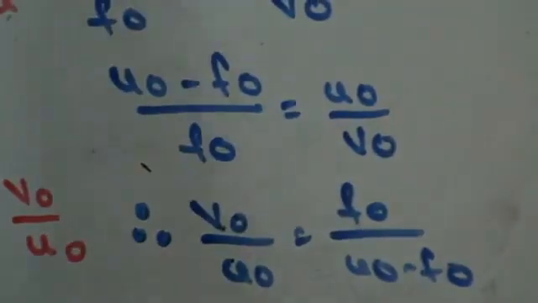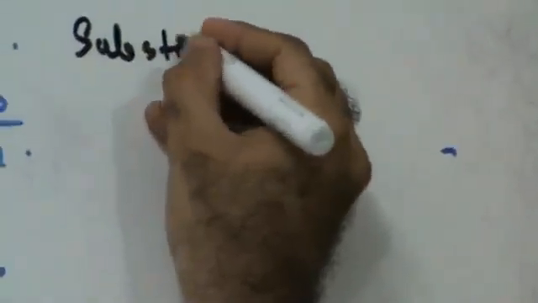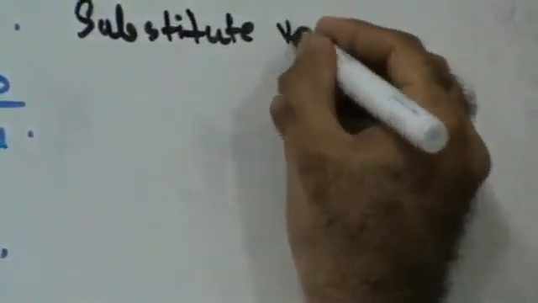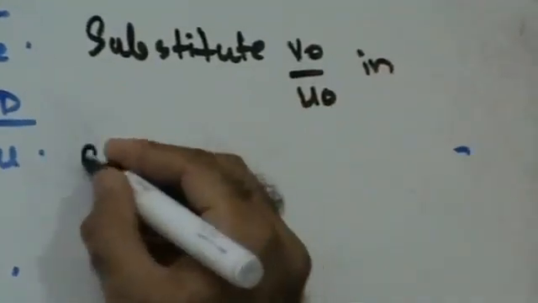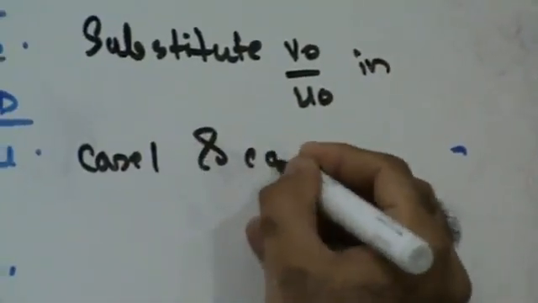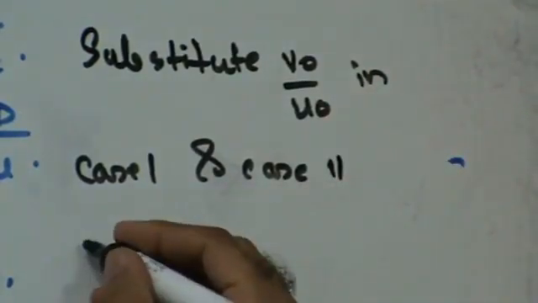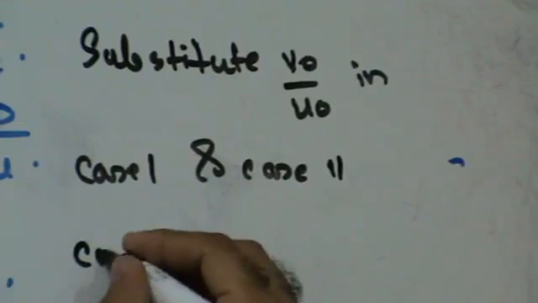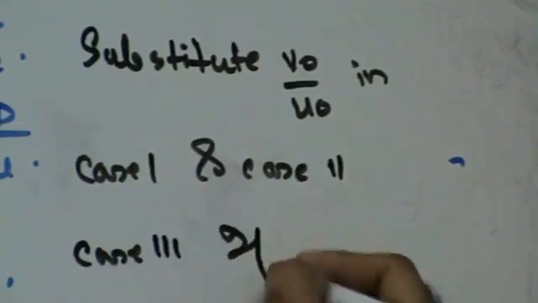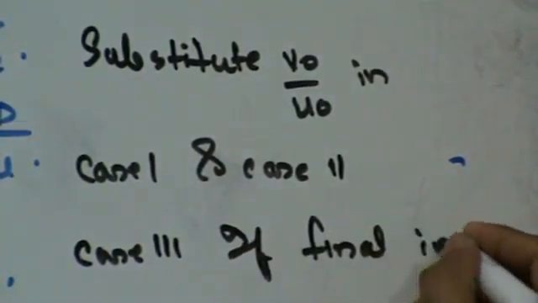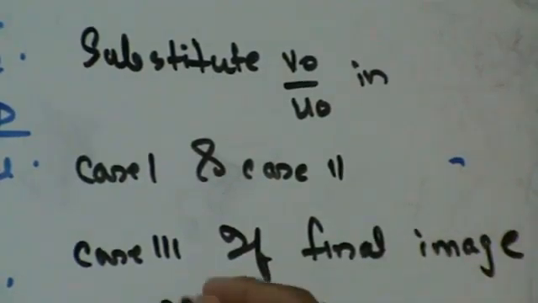Now substitute this value of V0 upon U0 in case 1 and case 2. Case 3, if the final image is at infinity.